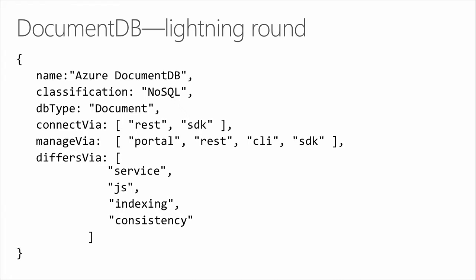Yeah. So the other thing is with this document database, there's different ways to connect to it. Like most services in Azure today, there's a REST layer on top of them, and you can access that REST layer to talk to your service. So you can programmatically talk to different parts of the service, and the same thing with Azure DocumentDB.